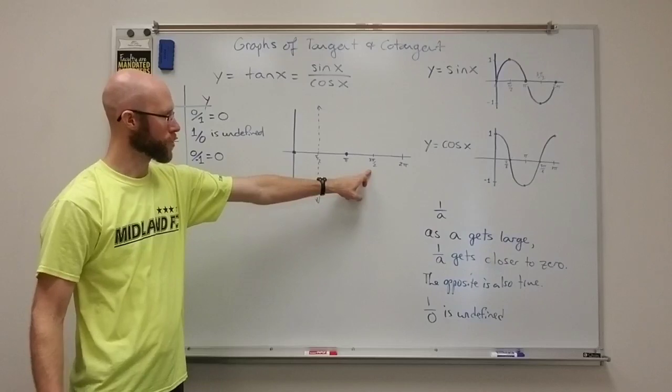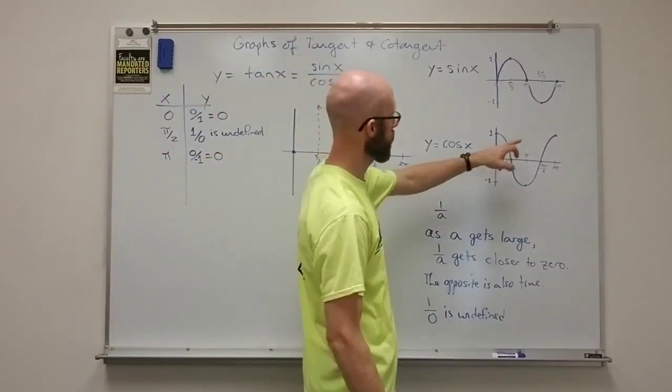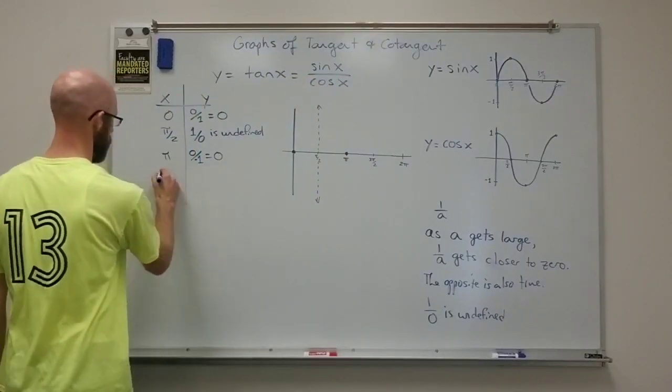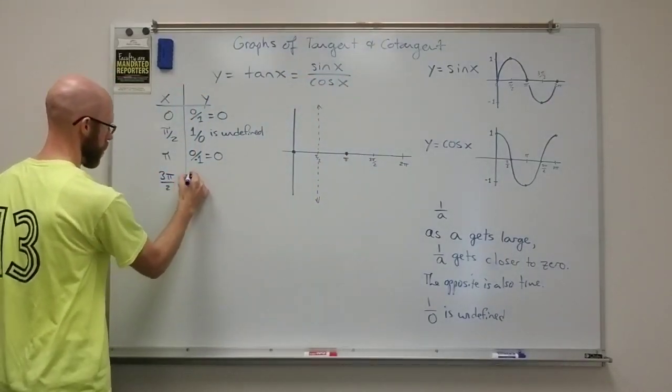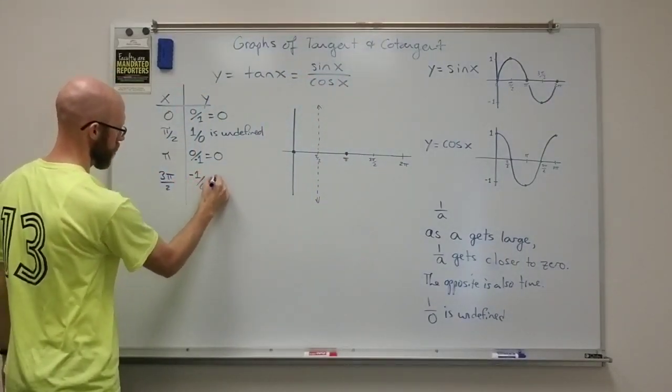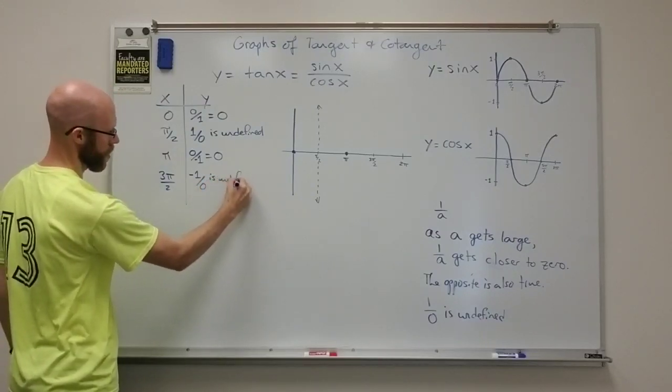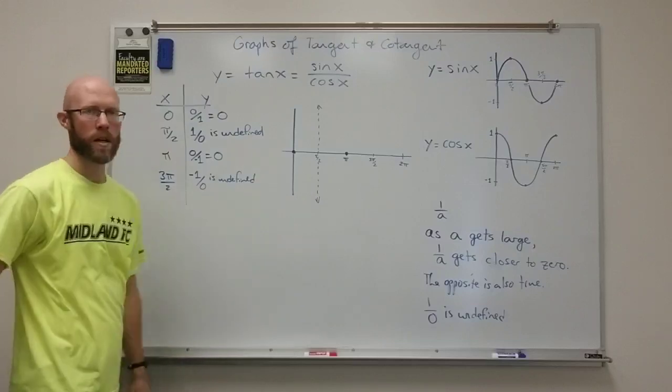At 3 pi over 2, if we look at that, we're going to have -1 divided by 0. Which again is undefined. Okay.